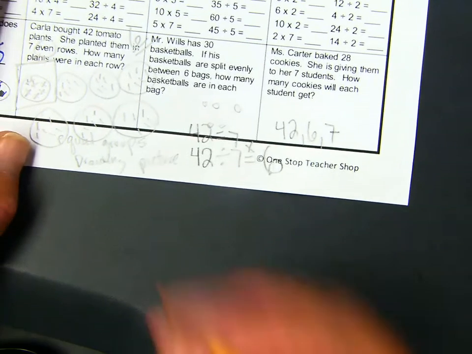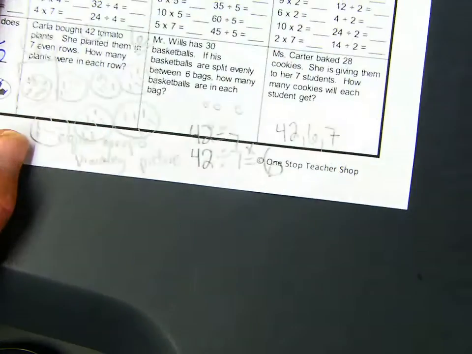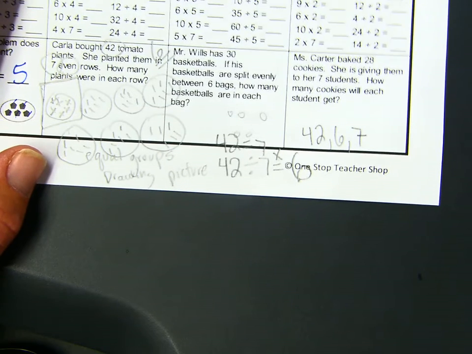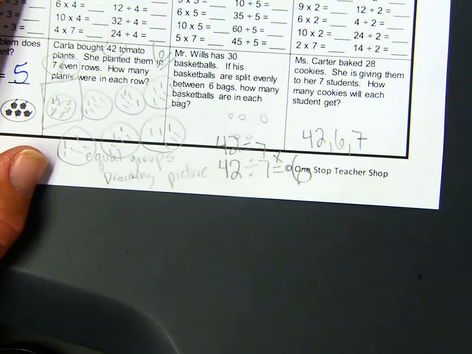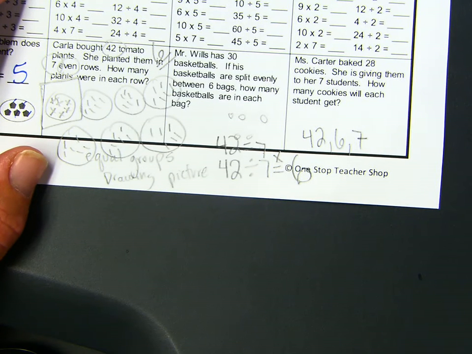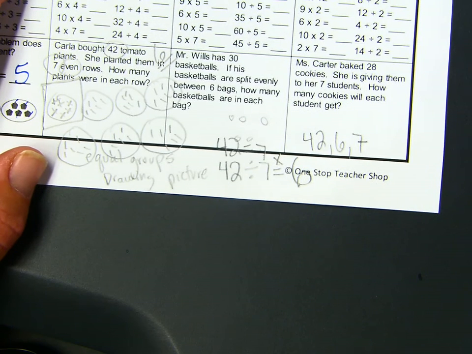Some kids get to the point where they just say 42 and 7, and they automatically are thinking 6, because they know the multiplication tables well enough that they're like, oh, it's probably a 6. Just because they know their fact families so well. 42, 7, and 6 are a fact family, like 20, 4, and 5 are, because 4 times 5 is 20.